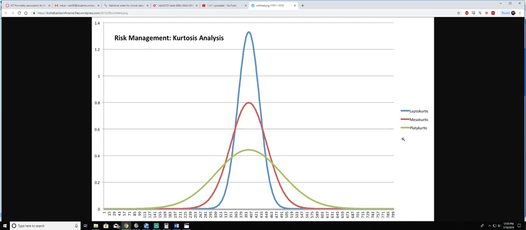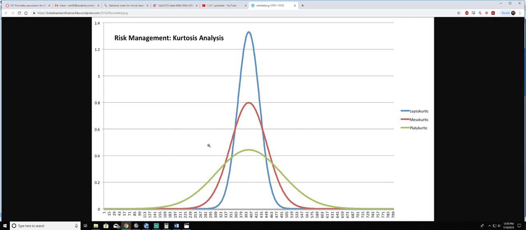But in the future, if you ever need them, I just like to remember that platykurtic kind of sounds like plate, so that's going to be your fatter kurtosis here, and these are more relative to a negative kurtosis value. So in layman's terms, you could say that kurtosis refers to the fatness of the distribution as a whole, right?